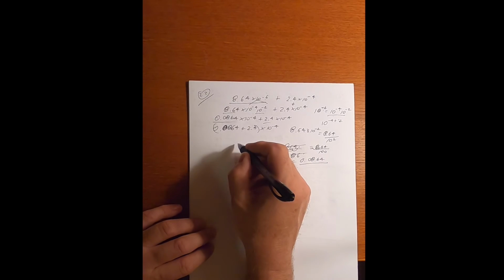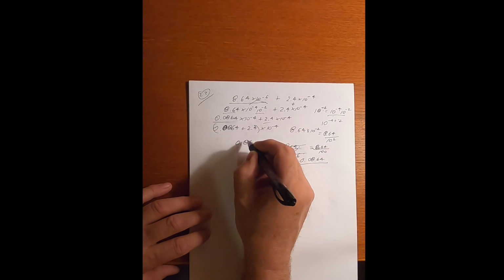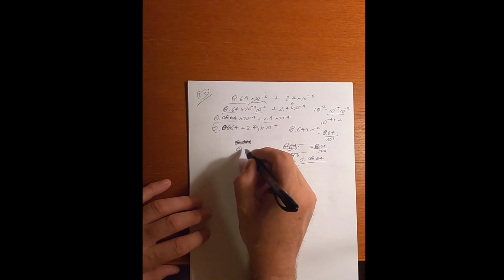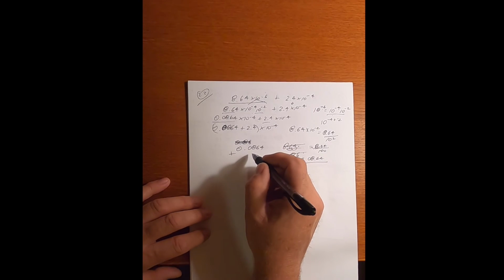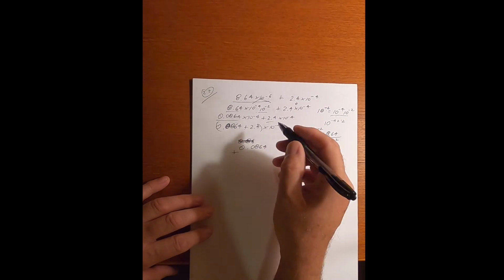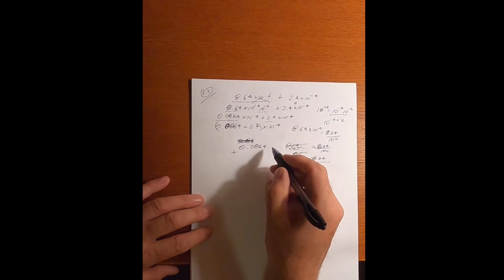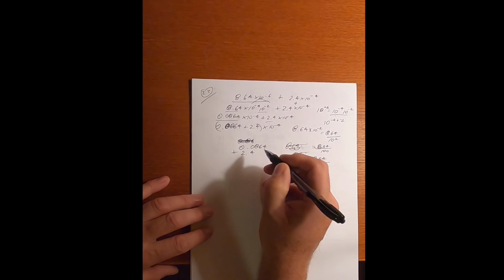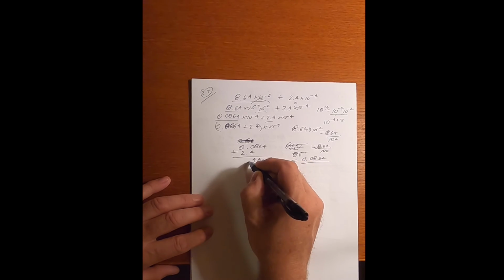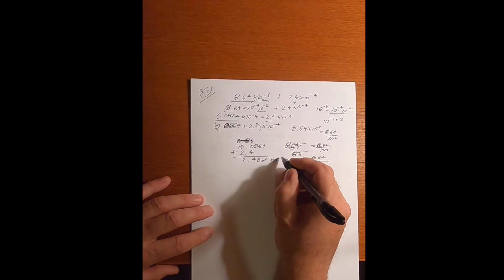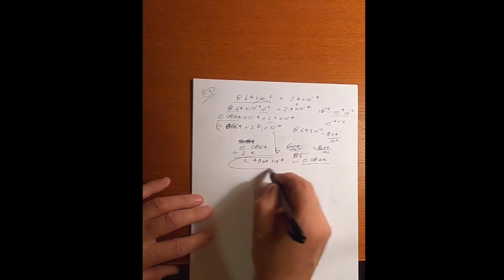So let's add these together. 0.0864. I'm rushing to try to get this out before it's too late here. Okay, 2.4. Add those together. 4, 6, 8, 4.2, I mean 2.4864 times 10 to the minus 4. Bring that down, and there it is.